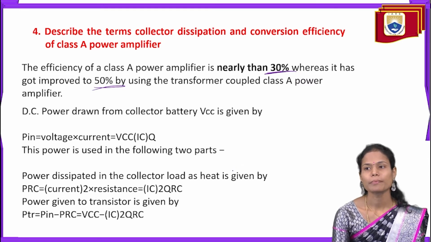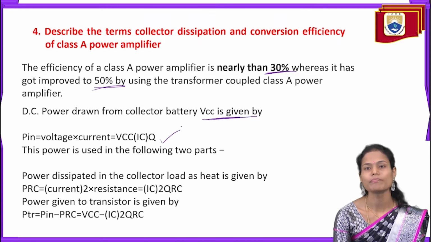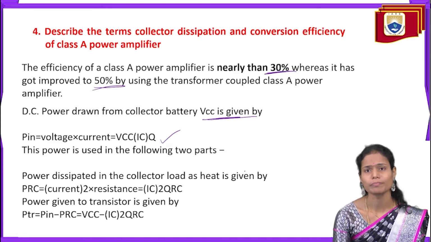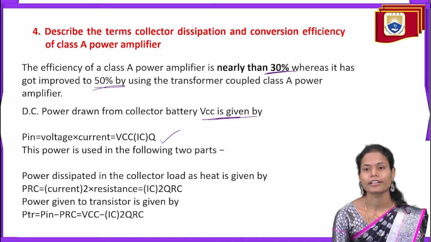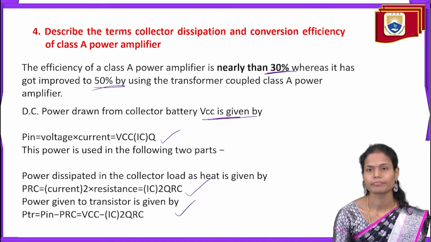The DC power drawn from the collector battery is VCC into ICQ. This power is used in two parts of the power amplifier, that is power dissipated in the collector load as well as power given to the transistor.